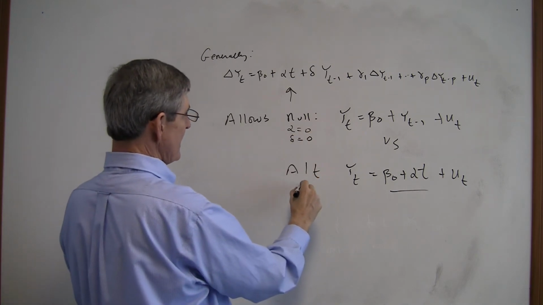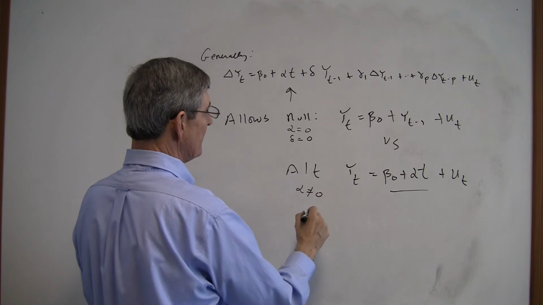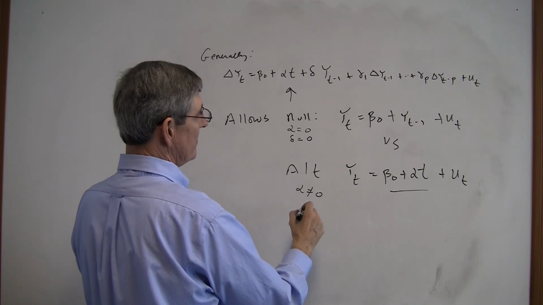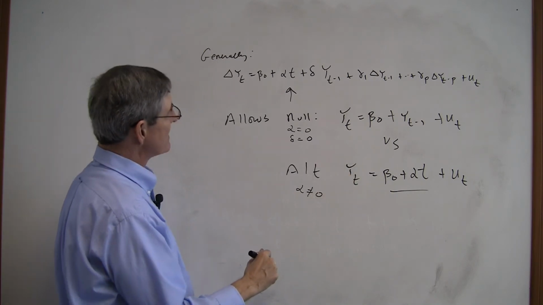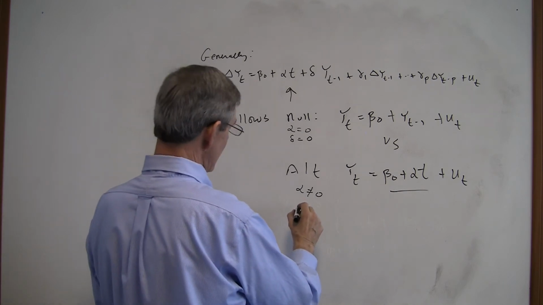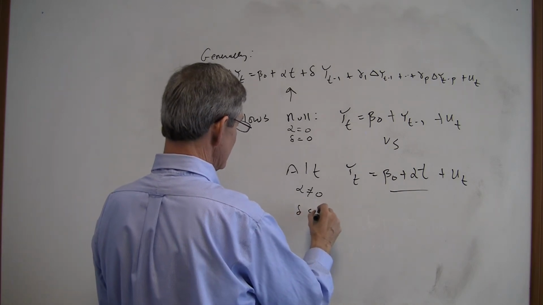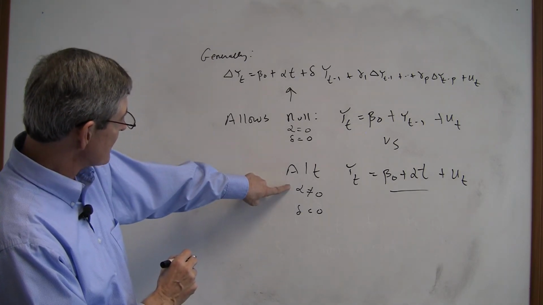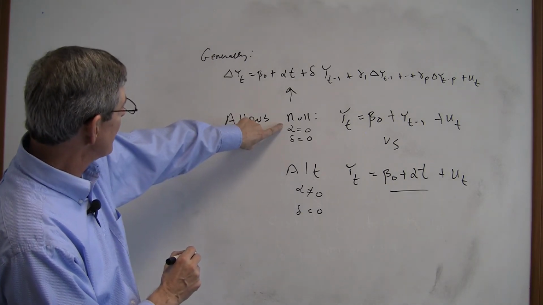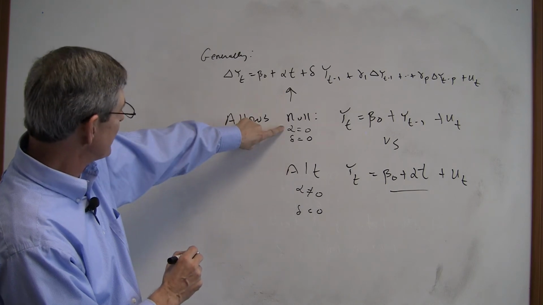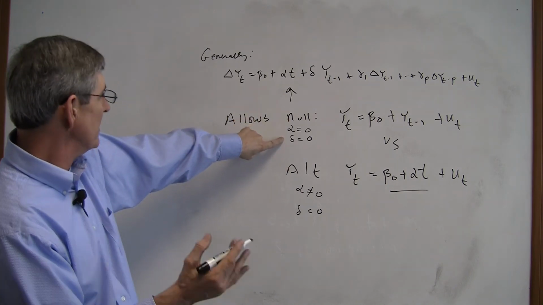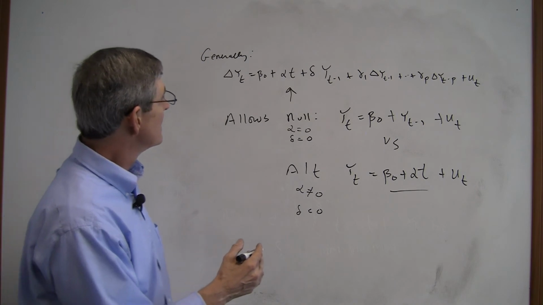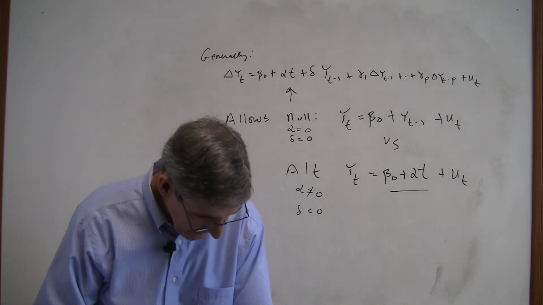And the alternative is alpha does not equal 0 and delta is less than 0. So you don't have a unit root. You don't have a stochastic trend, but you do have a deterministic trend. So that's the test that we're going to be doing.